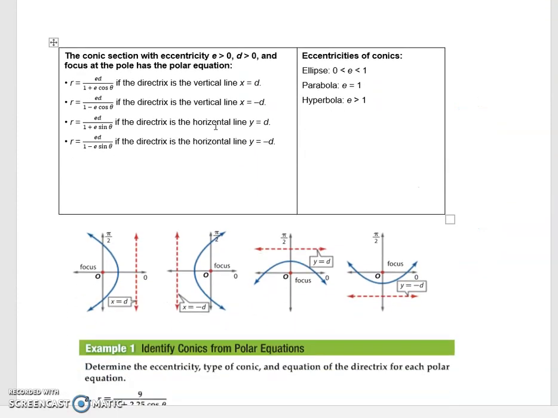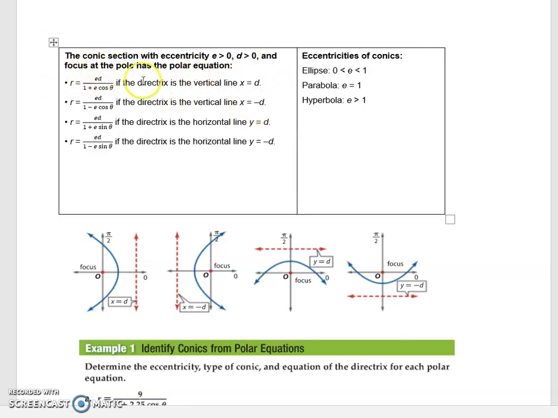All right, so if I scroll down a little bit, it's talking about the polar forms of the equation of a conic. A conic section with eccentricity greater than 0, and d, which is going to represent our directrix, greater than 0, and the focus at the pole has the polar equation shown here.